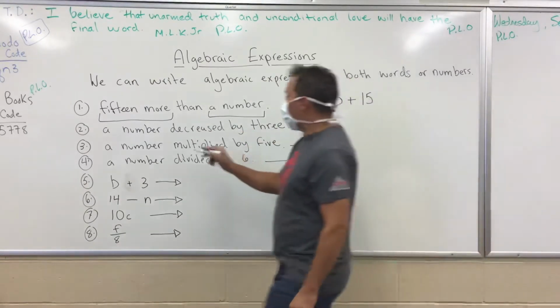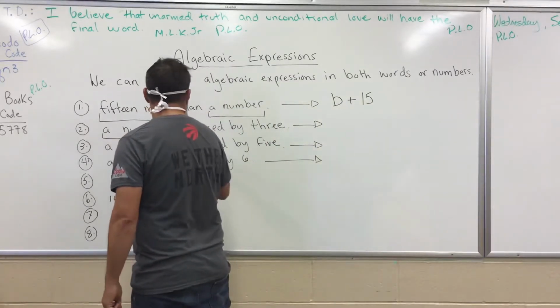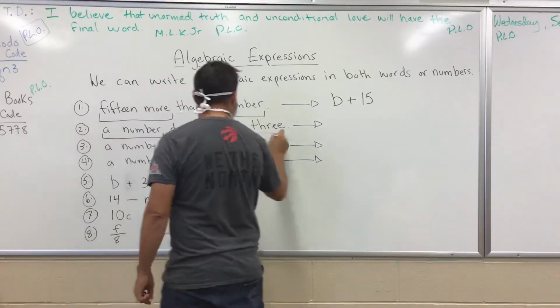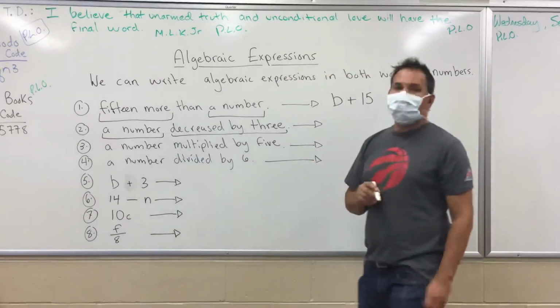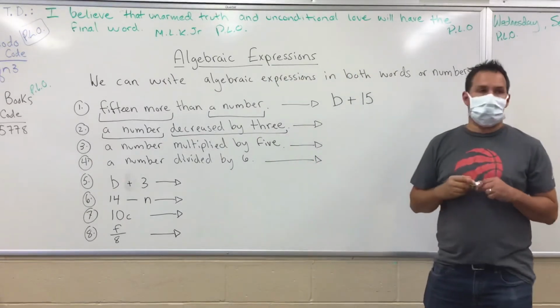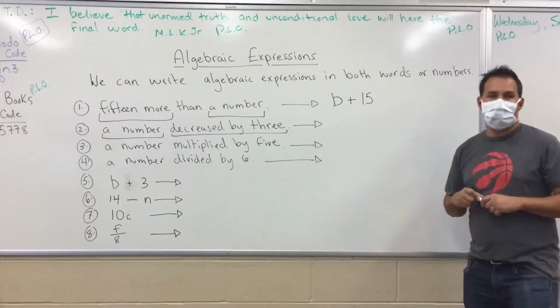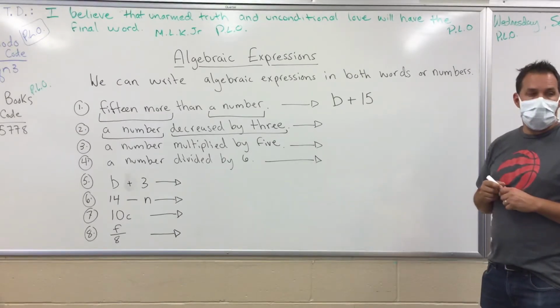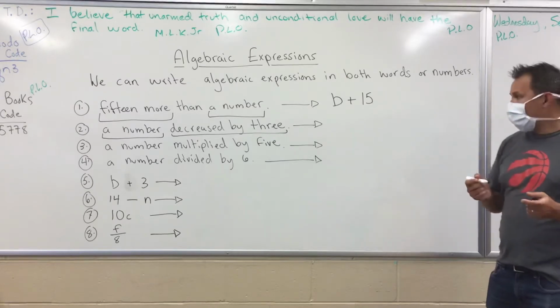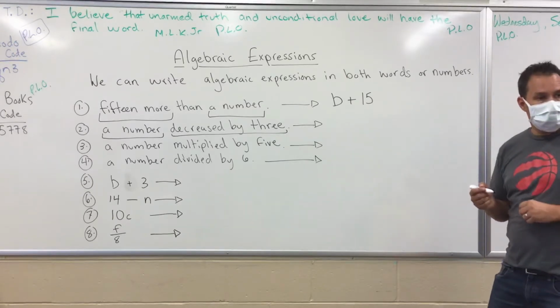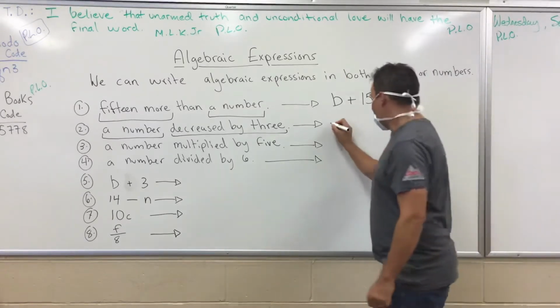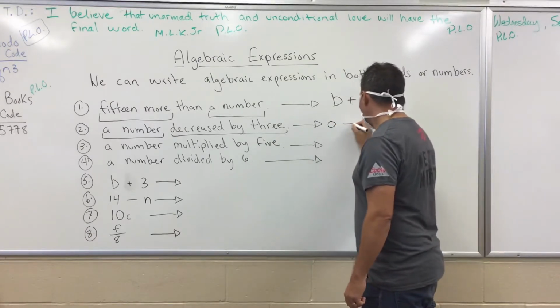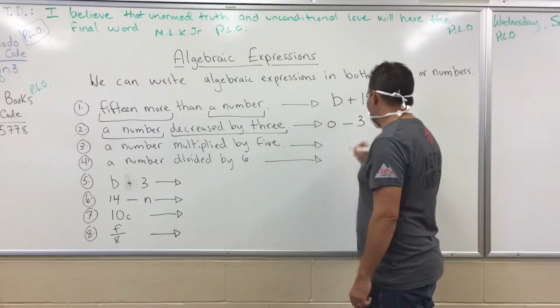When we look at the second question, a number decreased by 3, we have a number again, then decreased by 3. How are we going to write that? Katie? Take just a random letter and then do minus 3. Give us a random letter. O. Okay, you could have O subtract 3.